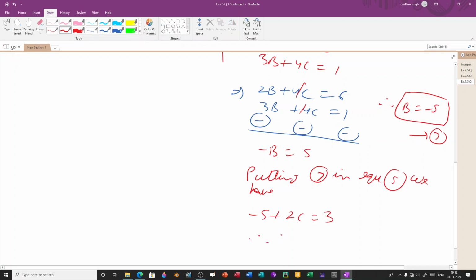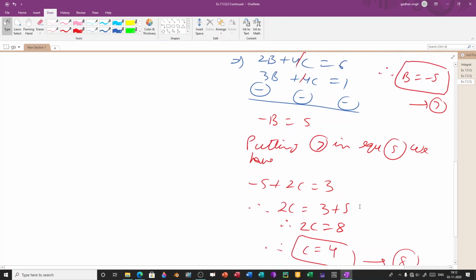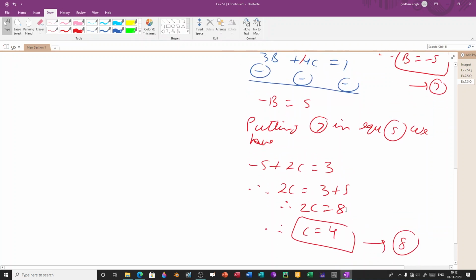Therefore 2c equal to 3 plus 5, that is 2c equal to 8, or c equal to 4, and let this be the 8th one. So we have got b equal to minus 5 and c equal to 4.